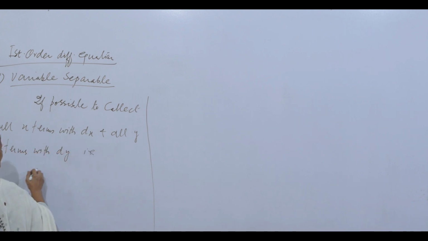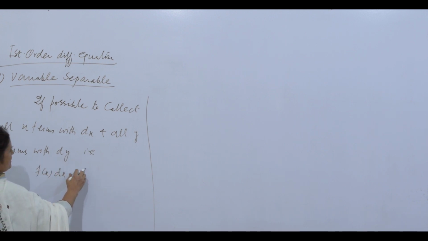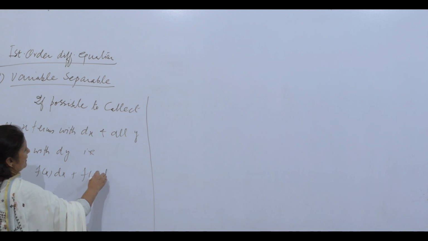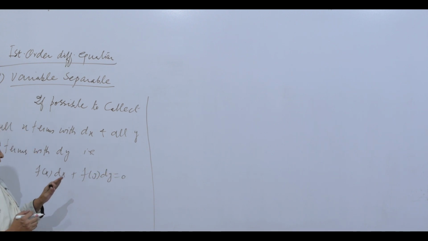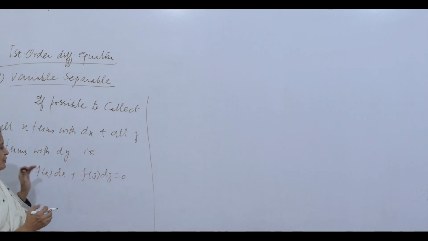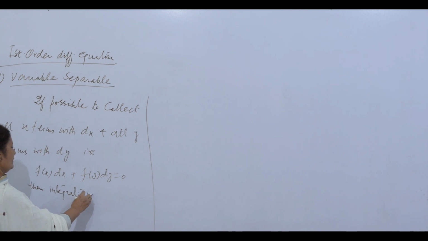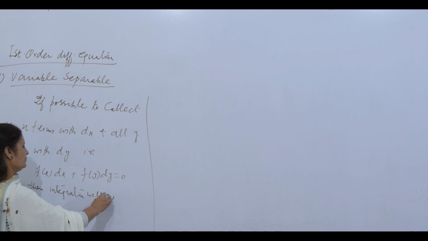That is, if you are writing it like this, f of x dx plus f of y dy equal to 0. Here you have brought all x terms with dx and all y terms with dy, something equal to 0, then integration will give you the solution.